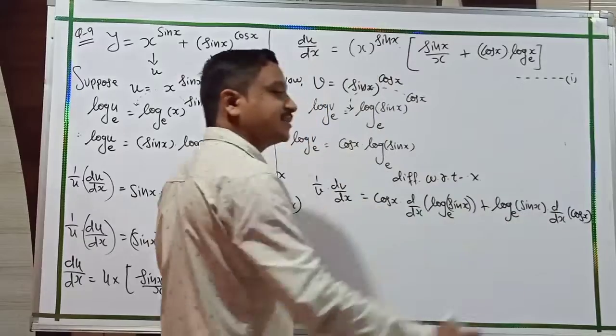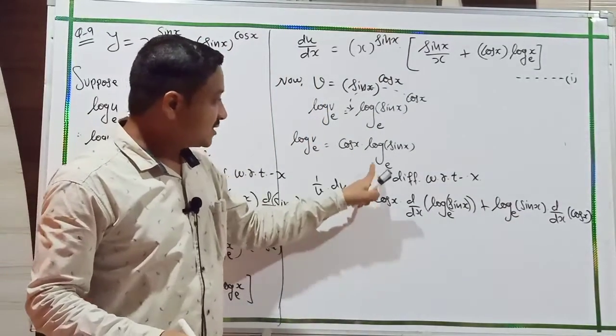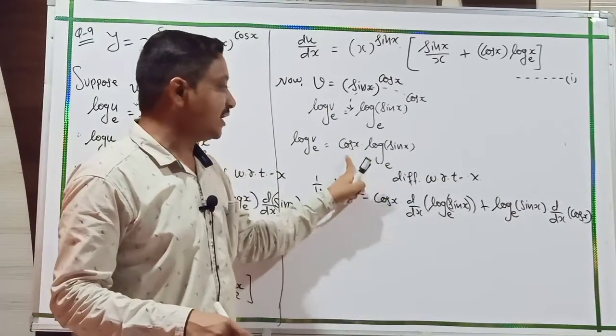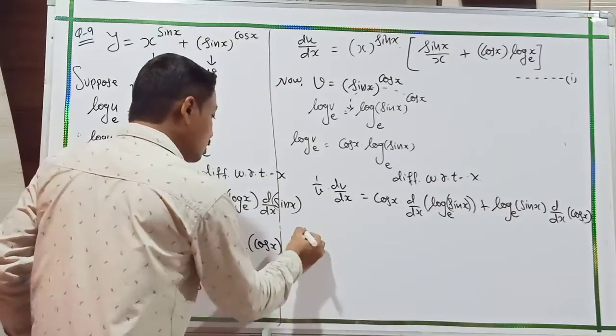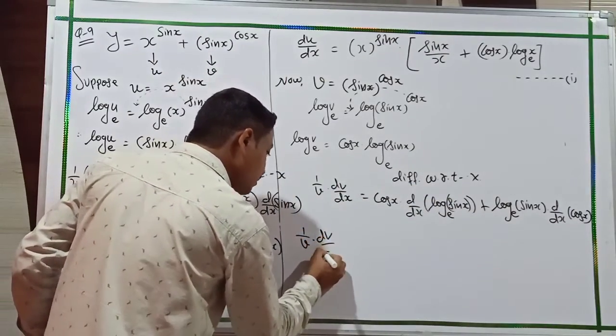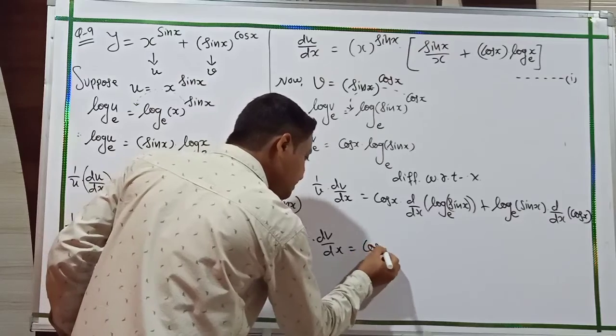Yes, it is cos x. Again repeat, first second derivative plus second first derivative. So 1 by v dv by dx, here cos x as it is.